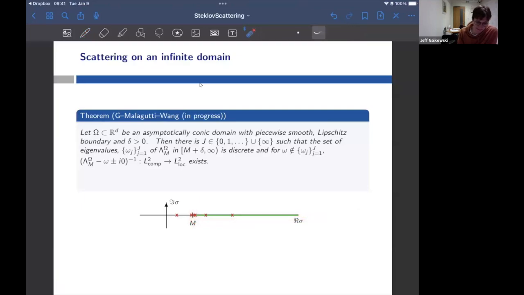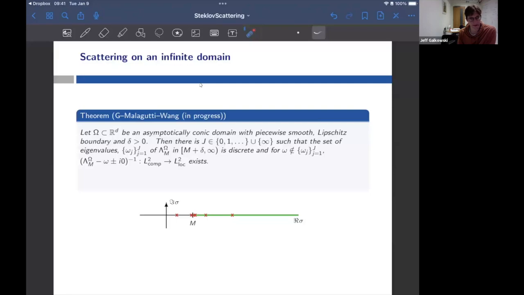And they studied eigenvalues down here below this M. What we can show is that the set of eigenvalues above M plus delta is discrete. In general, we don't know whether it can accumulate at infinity. We don't know whether it can accumulate at M, although I seriously doubt it in nice cases.